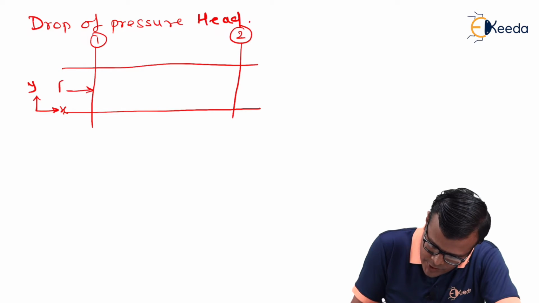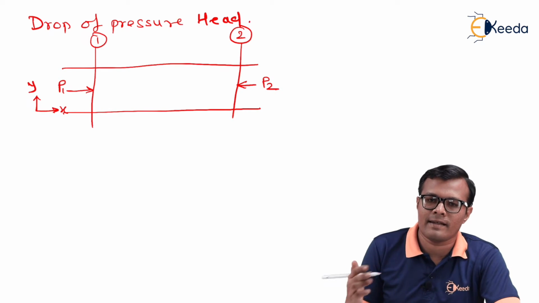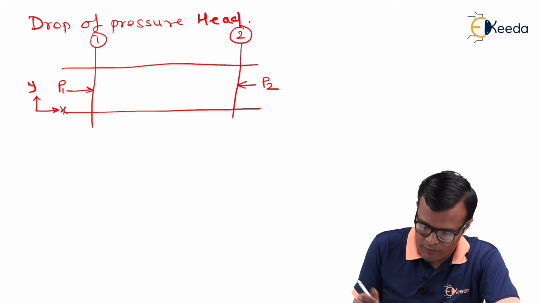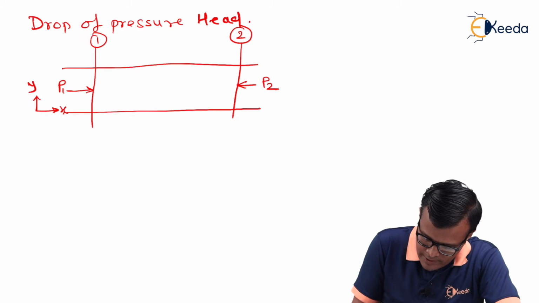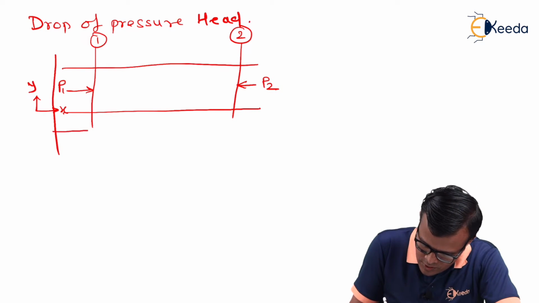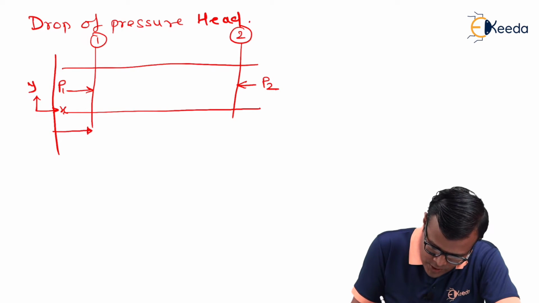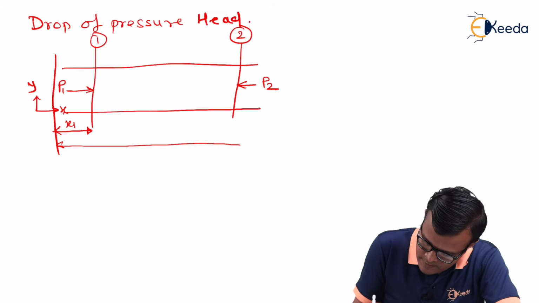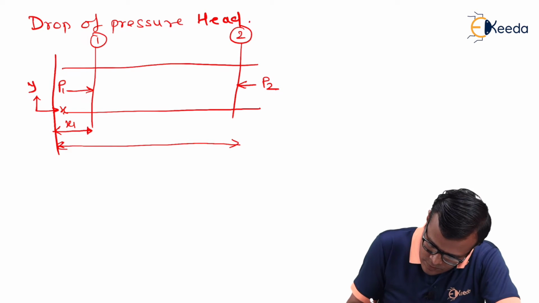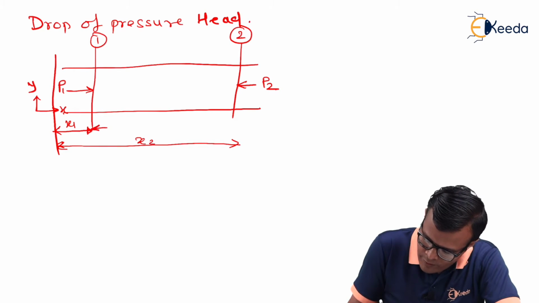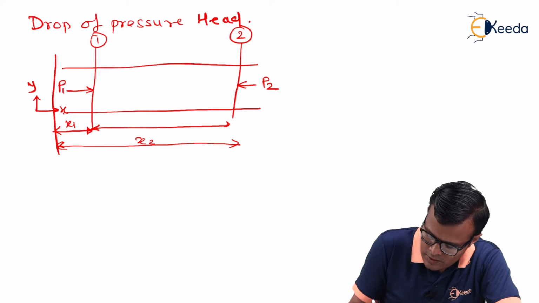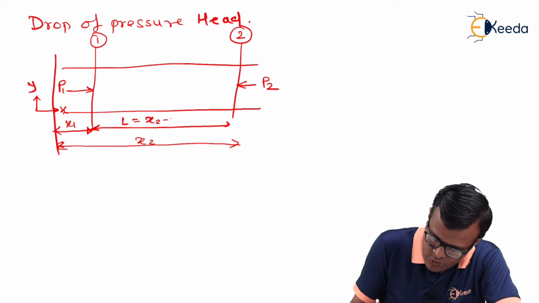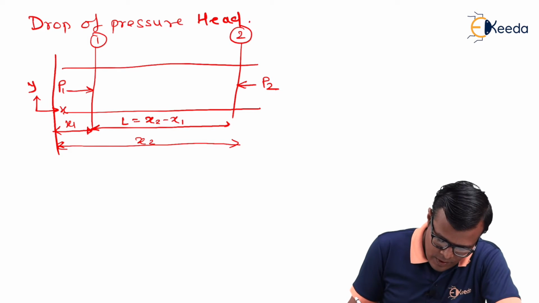This is pressure P1, this is pressure P2, and it is clear that there exists the drop of pressure. Let us consider the values in x direction from origin as this is x1, this is x2. So we will have x2 minus x1. This L is nothing but the x2 minus x1.